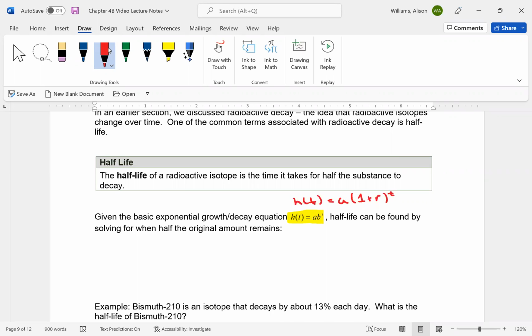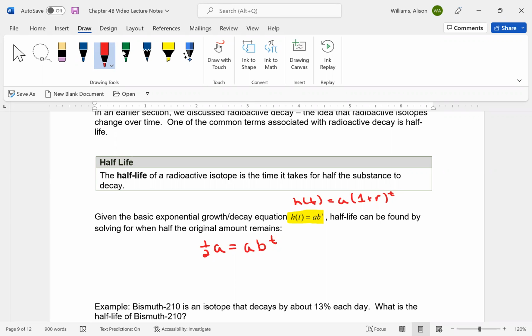They are, however, using the easier to work with equation, H of T equals A, B to the T. And to find the half-life, we would be taking half of what it originally started with. In these equations, the original amount is A, so we'd be taking half of A and then figuring out what B and T would need to be.